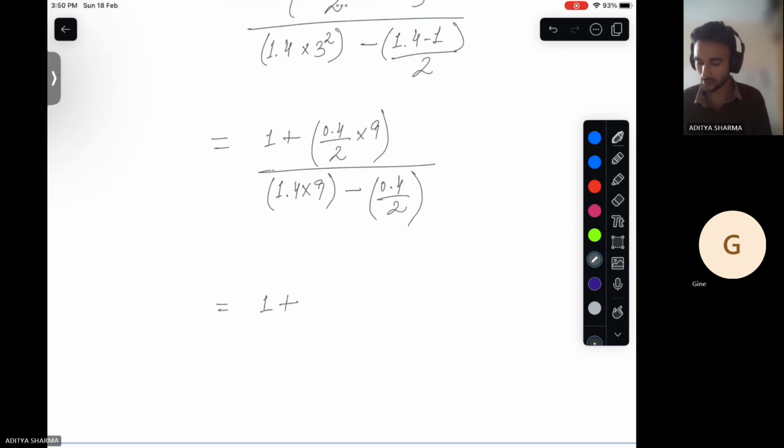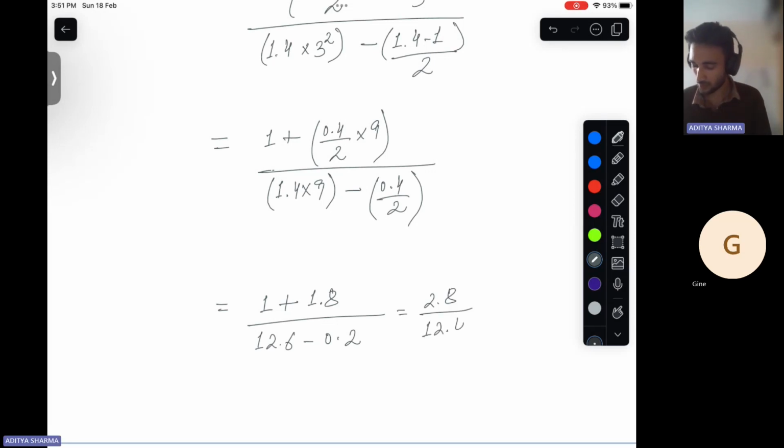One plus 1.8. This is 12.6 minus 0.2, divided by 12.4.